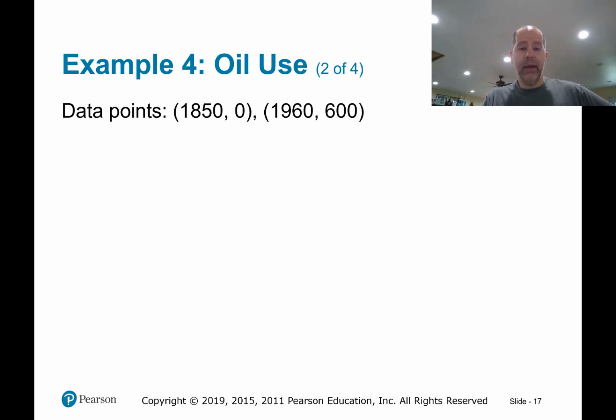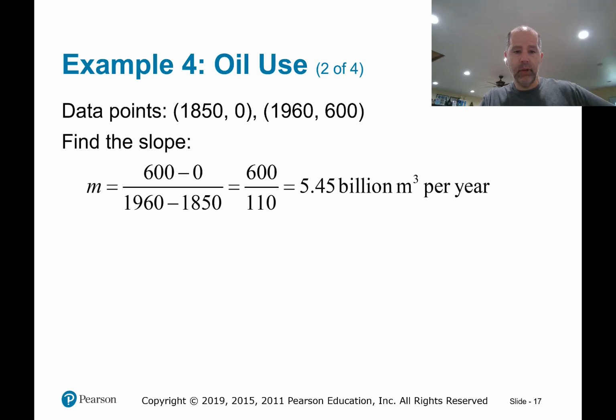Okay, so again, make sure you do rise over run. Difference in the y's divided by the difference in the x's. And again, make sure you subtract in the same direction. So here we have 600 minus 0. So we're going to do the same thing on the bottom, 1960 minus 1850.